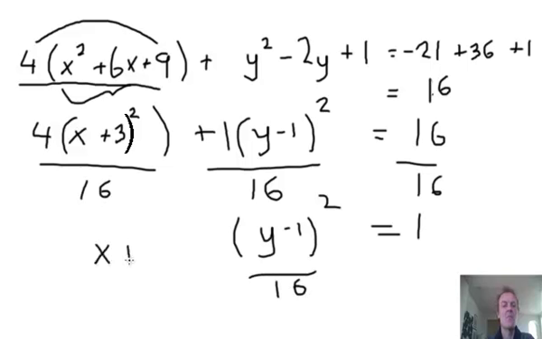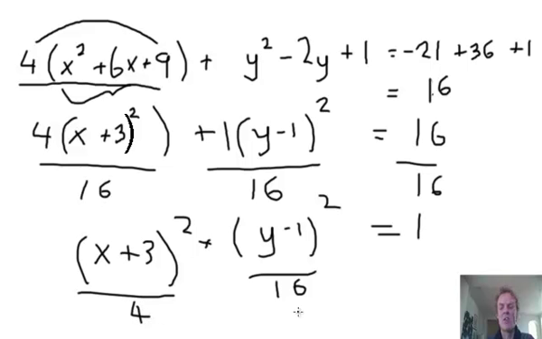This is x plus 3 squared over 4. So here we go. So a is going to be 4 in the y direction. B is going to be 2 in the x direction. And the center is going to be negative 3, positive 1.